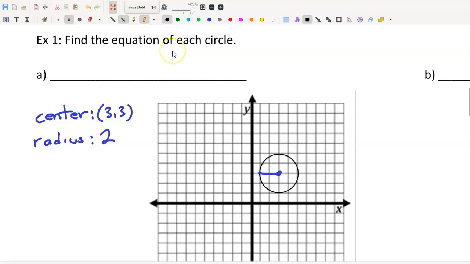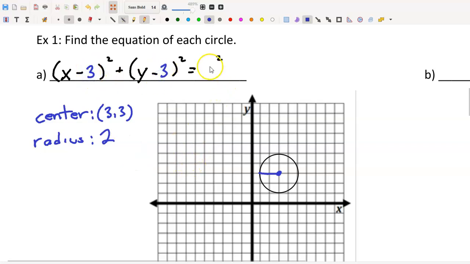Then you can write the equation of that circle using that standard form. It always starts with the same thing as this Pythagorean theorem looking, distance formula looking thing. So this is going to be the same on all of them, and you just have to put in the numbers for the center and the radius. So (3, 3), radius is 2.